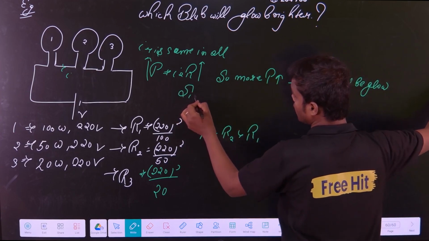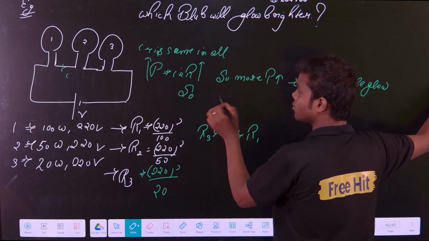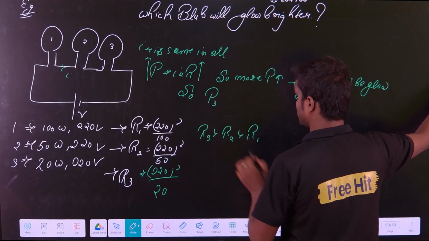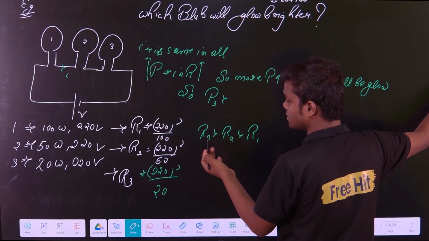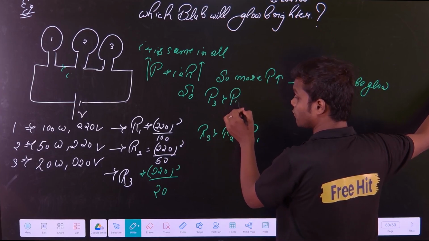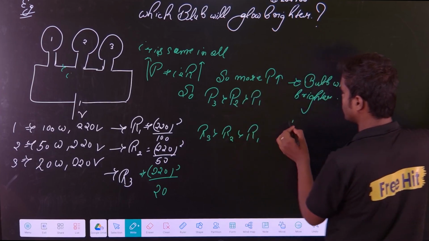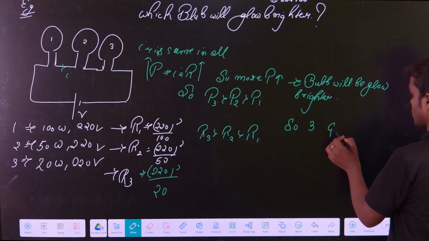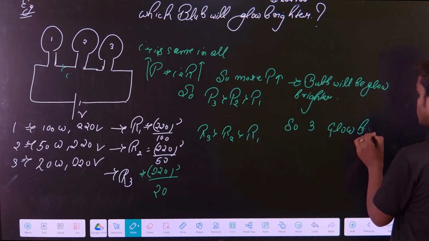So what can I say from here, which will glow brighter? Obviously, we can say power of 3, because the resistance is high, so power of 3 is greater than power of 2, which is greater than power of 1. So bulb 3 glows brightest.